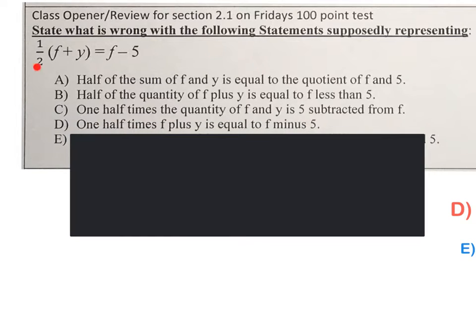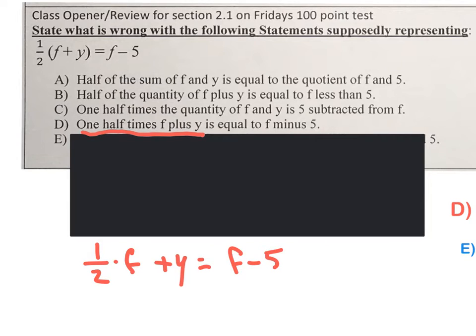1/2 times, perfect, 1/2 times f plus y. See, if you just start writing this, 1/2 times f plus y is equal to f minus 5.